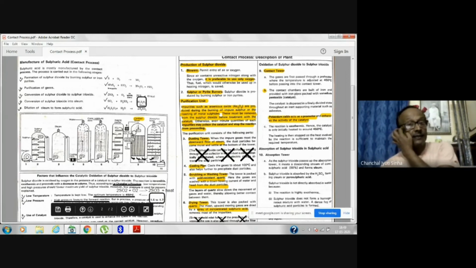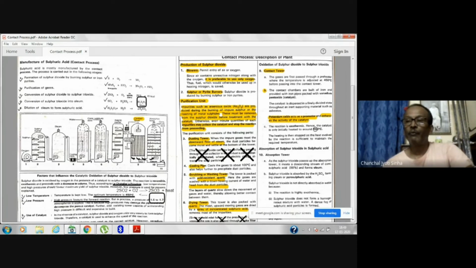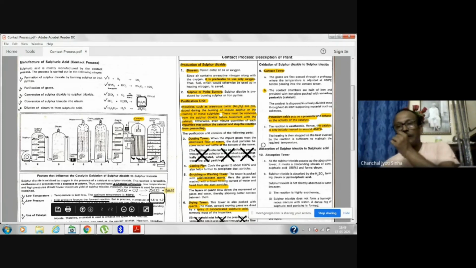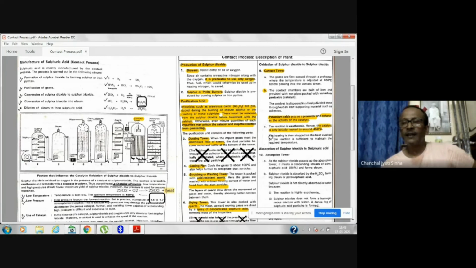The gas mixture and the catalyst are preheated to a temperature of 450 degrees centigrade. The catalyst is only initially heated to around 450 degrees centigrade. Once the reaction starts, since this reaction is exothermic, external heating is then stopped.